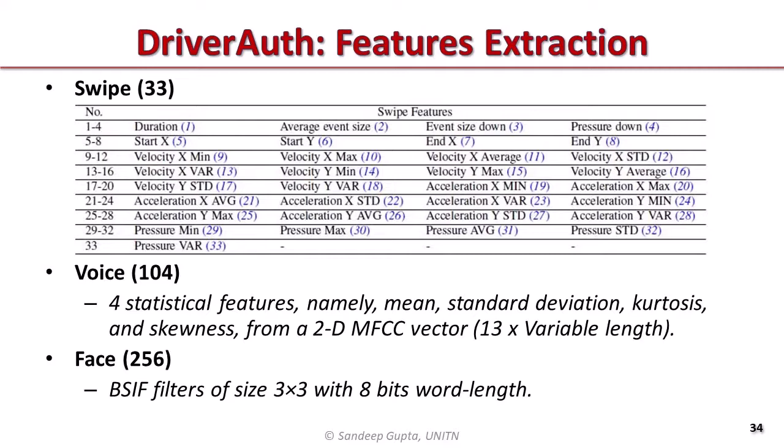From the face image, we get the region of interest by cropping the original images. And then from a cropped face image, we extracted binarized statistical image features filter to obtain statistical features. We get 256 features per image using a filter of size 3 by 3 pixels with 8 bits word length.